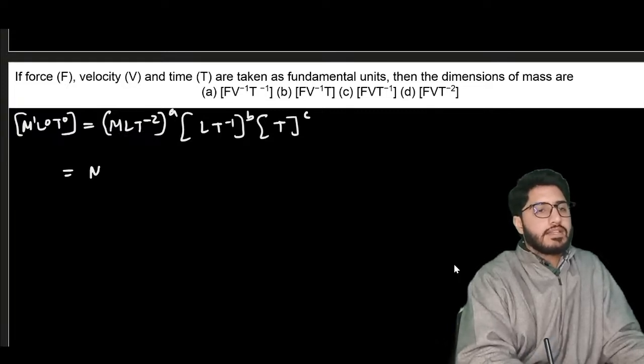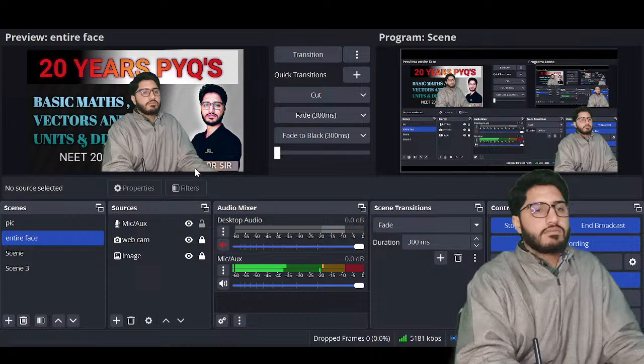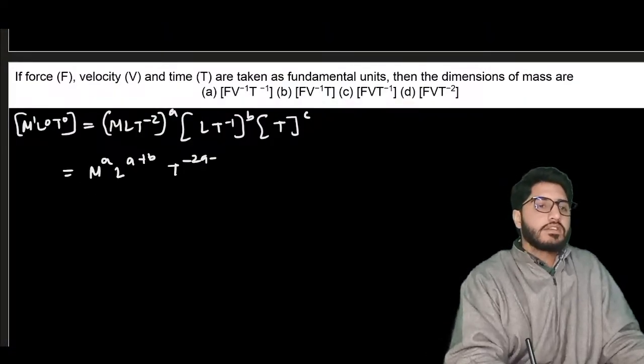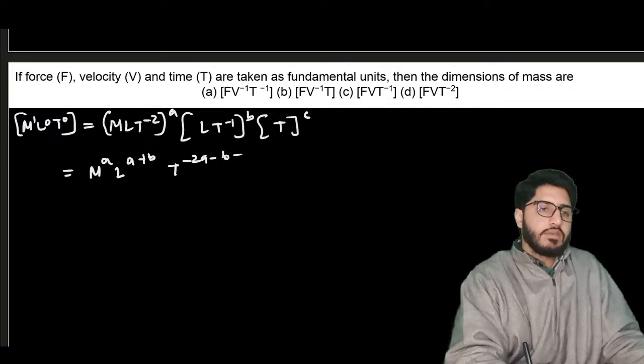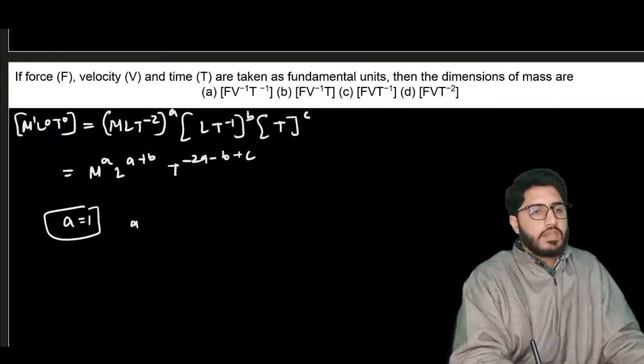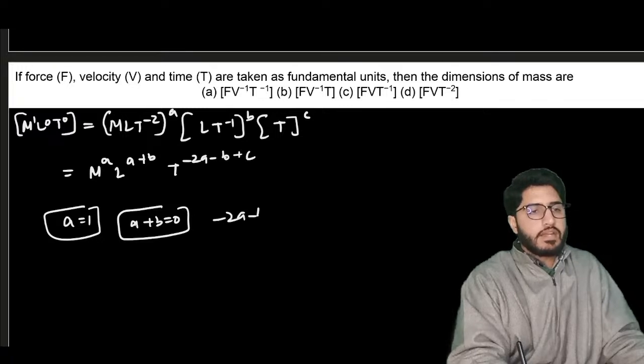So I can write M a, L a plus b, T minus 2a minus b plus c. Now the equations: a equals 1 first of all. Then a plus b equals 0. Third, minus 2a minus b plus c equals 0.